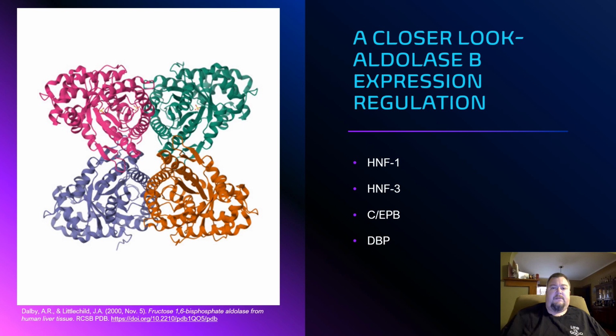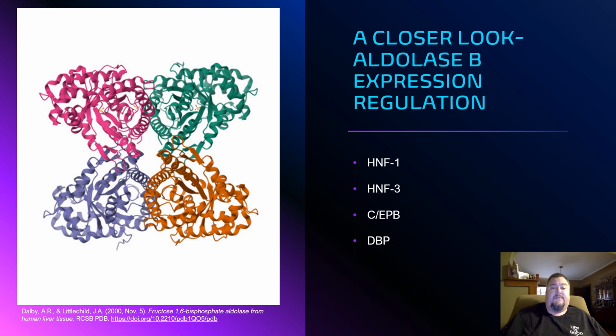In taking a closer look at aldolase B for its expression regulation, there seem to be 2 binding sites for aldolase B activation: the C/EBP-DBP binding site and the HNF1 and HNF3 overlapping binding site.